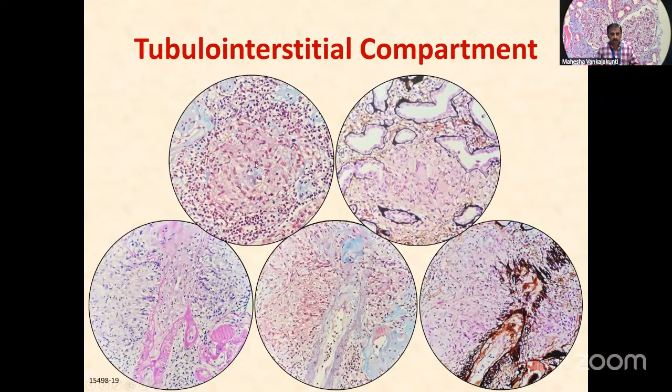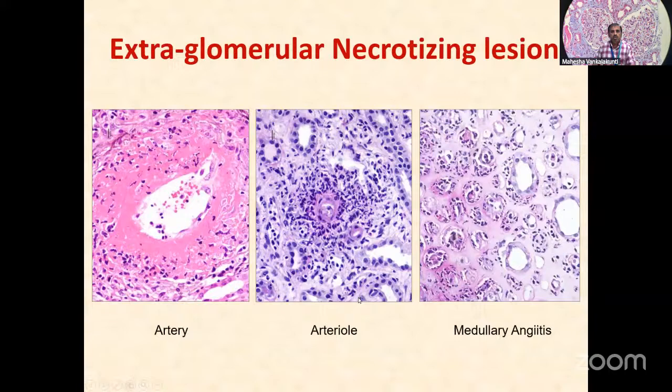Here you can see a granuloma and also the inflammatory reaction in the vessel, which is surrounded by the giant cell as well as the epithelioid cell collection at the periphery of this vessel. So as I said, in the Chapel Hill classification, the small vessel vasculitis can affect the extraglomerular compartment in the arteries that you see here on the left side, or the arterioles where there is hardly any muscle layer in the vasculature.